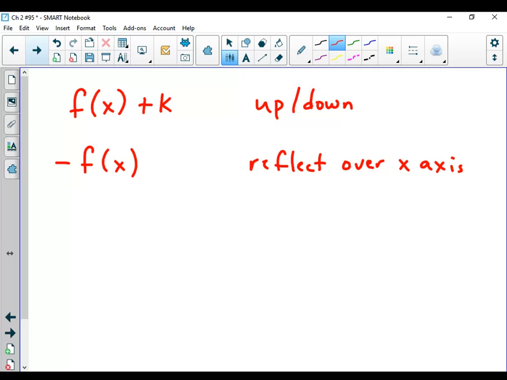We made changes where we said we have f of x minus h inside the parentheses. Well, what did that do to our graph? How did that move it around? Claire? Shift it left or right. Yeah, that one's going to move it left or right.